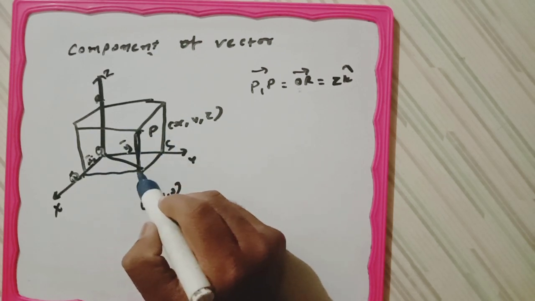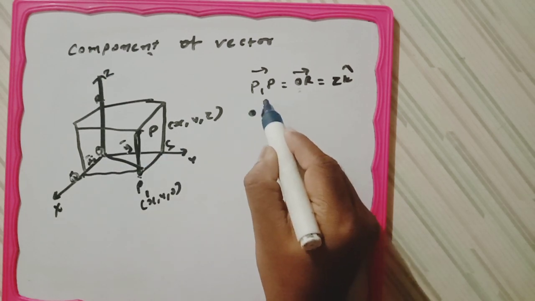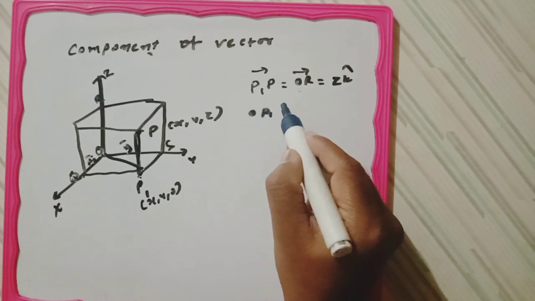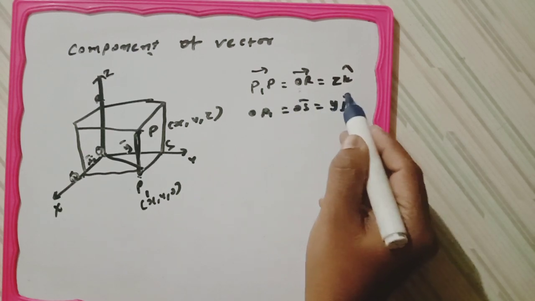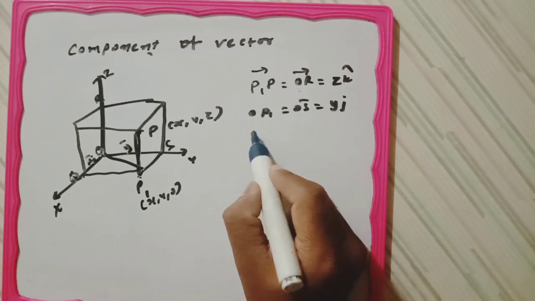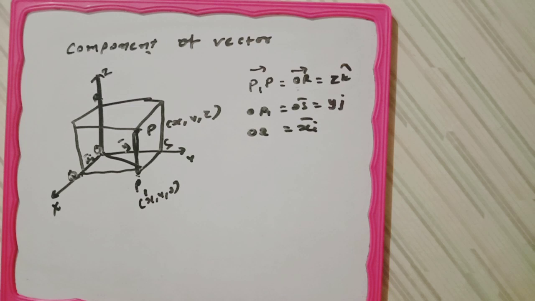So by the parallelogram, we will have the OP1 vector equals OS equals y j caret, and OQ we will have x i caret.